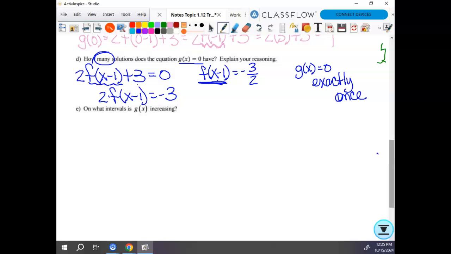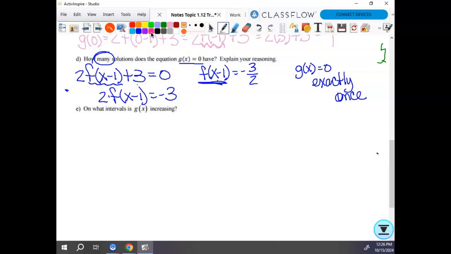Because really we just move to the right one and get your answer, but it's only going to happen once. We're going to look at this a little bit differently on the back when we're going to actually find a value. We'll look at it again. Okay, we good?